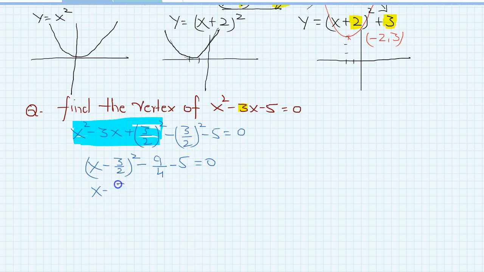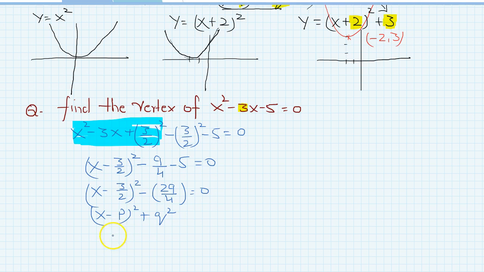So (x minus 3 over 2) square minus 29 over 4. Now this equation is in the form of (x minus p) square plus q.